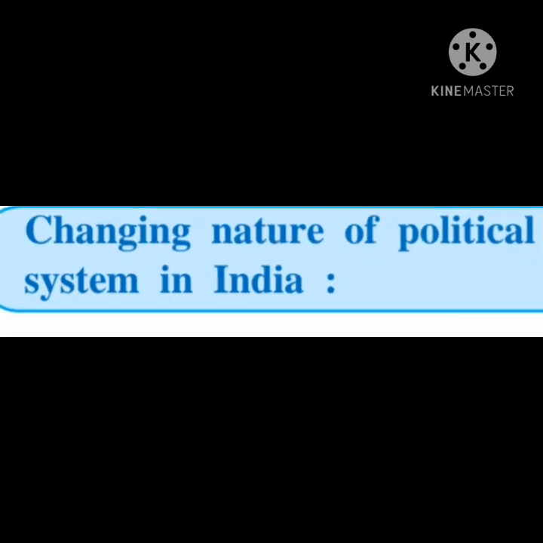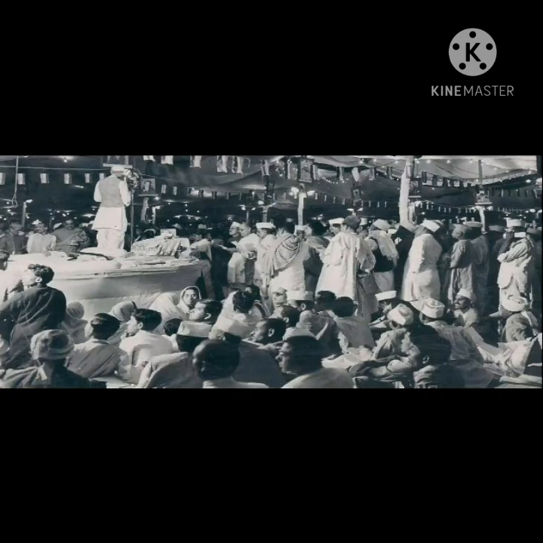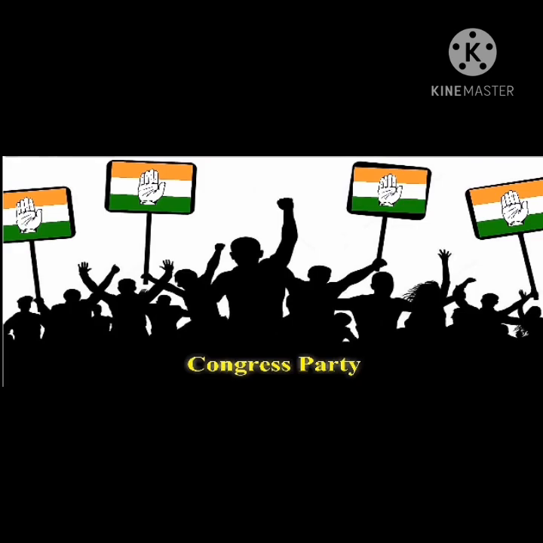Now let's see the changing nature of the political party system in India. The Congress was a strong political party in the post-independence period. Post-independence period means the Congress party was established before India became independent. So Congress had a majority at the center, that is at the national level, and in most of the states.